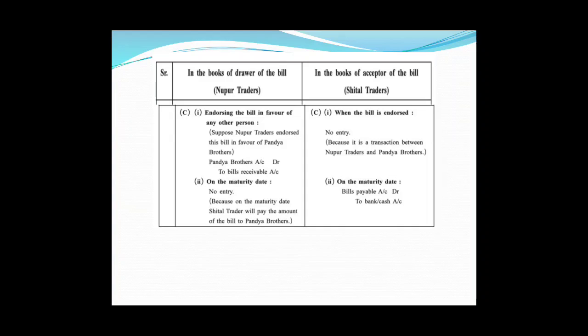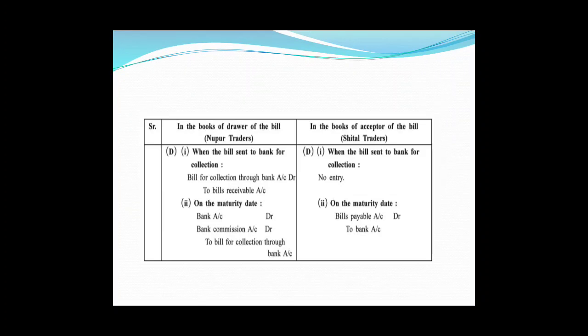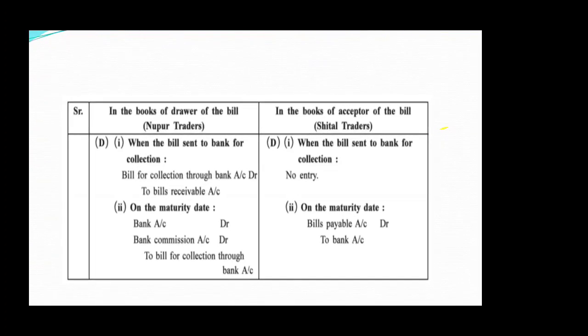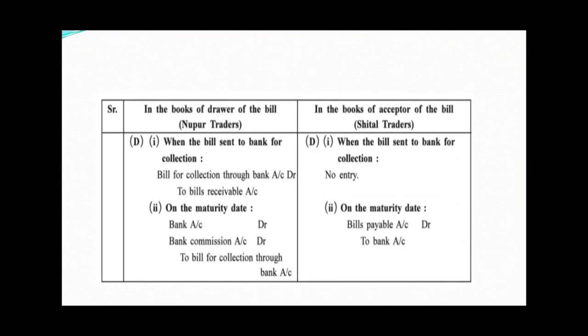In that case, he takes the help of some shop or the bank to collect amount on their behalf and credit in their accounts. So here, when the bill is sent to bank for collection, in the books of Nupur, that is drawer, the entry will be: bill for collection through bank account debit to bills receivable account.